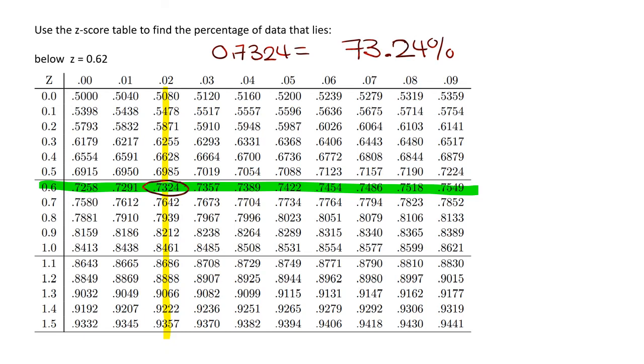So I went to 0.6, that's in green, and then I went over to 0.02, that column's in yellow. Where those two intersect, I get the number 0.7324, and that is the percentage of the data that lies below that z-score. So I did move the decimal over. My final answer, 73.24%.